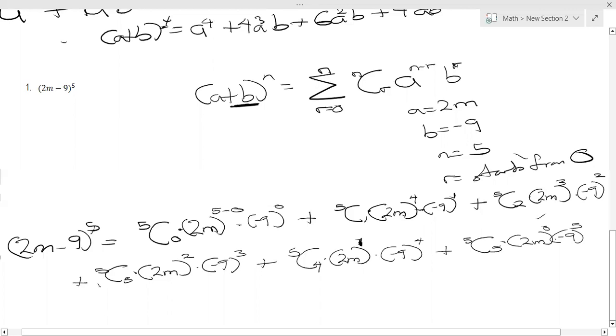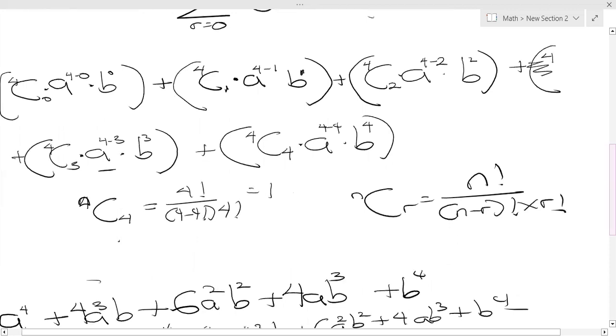At this time, if you're being asked to do it manually, fine, but I'll recommend doing it with the calculator. So this time I'll do it with the calculator because we have so many numbers.